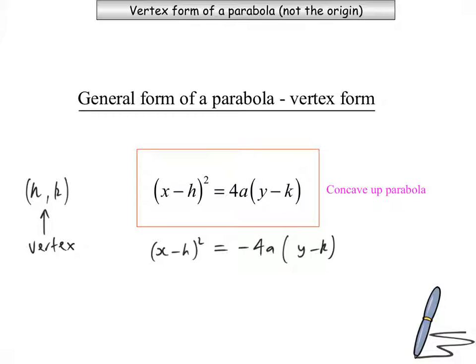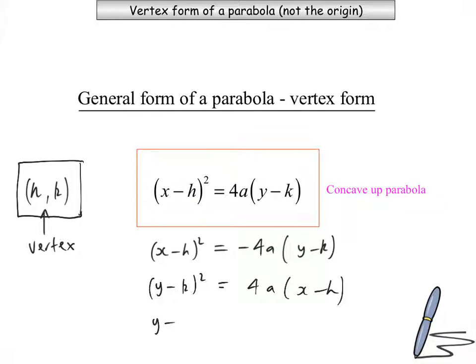So the y value will be squared, so it will be y take away k squared is equal to 4a x take away h. Still, the vertex is h, k. So this is the concave right, and the concave left is y take away k all squared is equal to negative 4a x take away h.